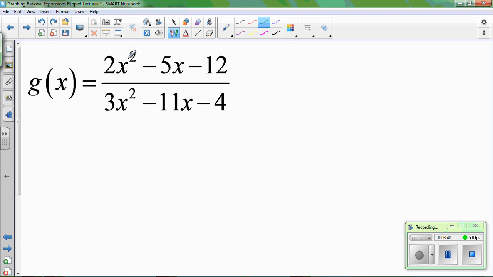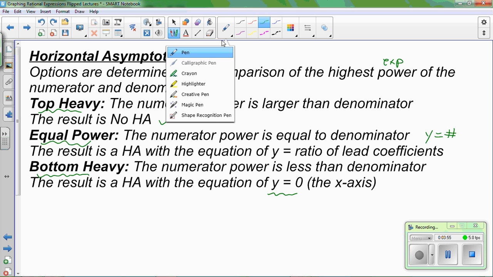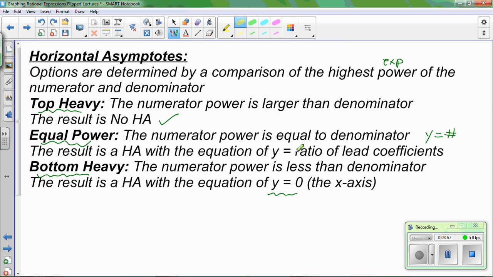Scenario 2 is they are equal. So you see the top exponent here, the highest exponent of the numerator is 2, and so is the denominator. So in this case, you do have a horizontal asymptote, y equals, but where we get that number from, I just want to highlight this, is the ratio of the lead coefficients.